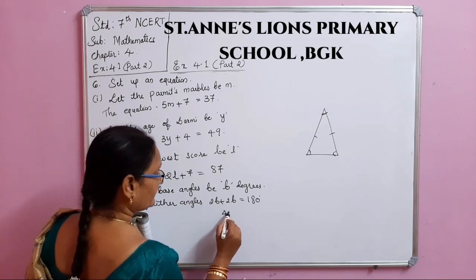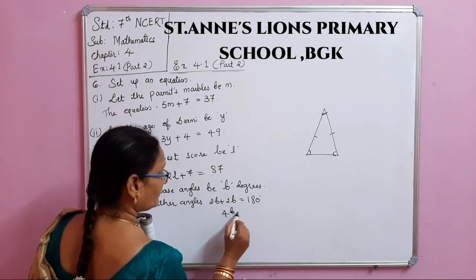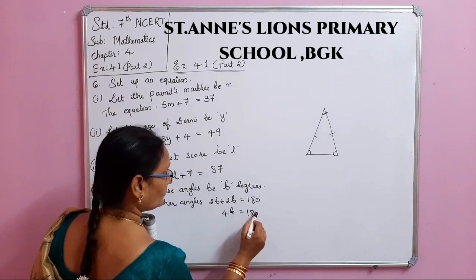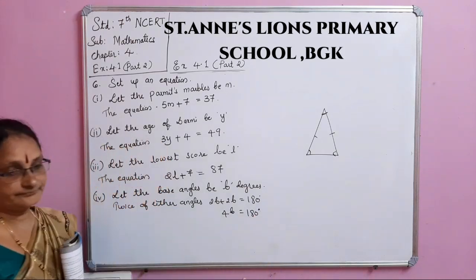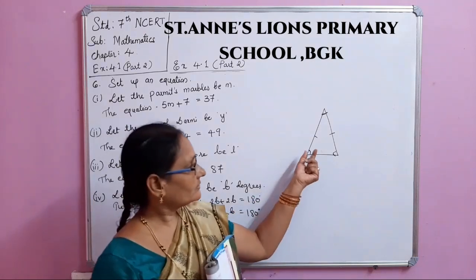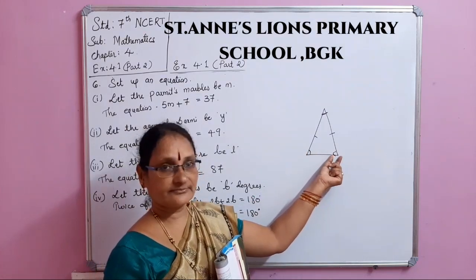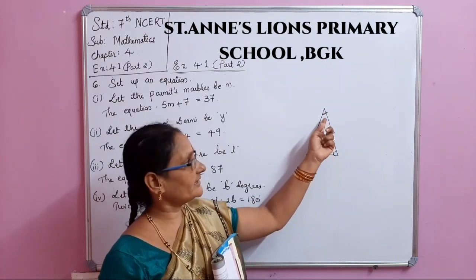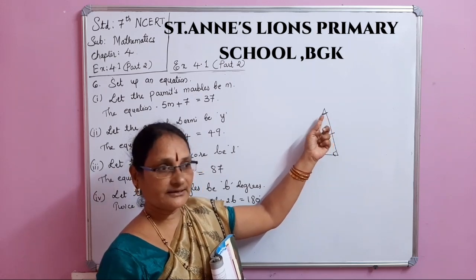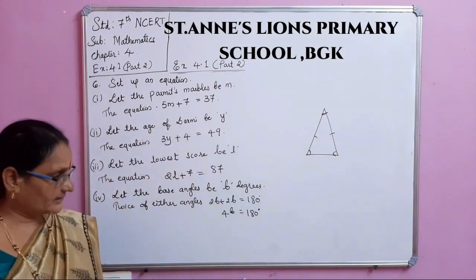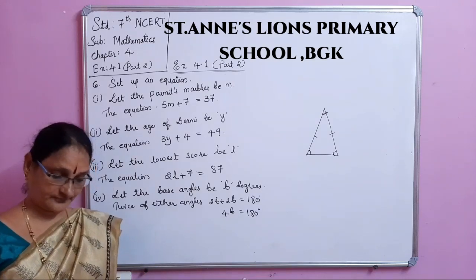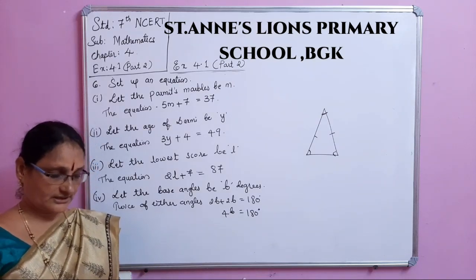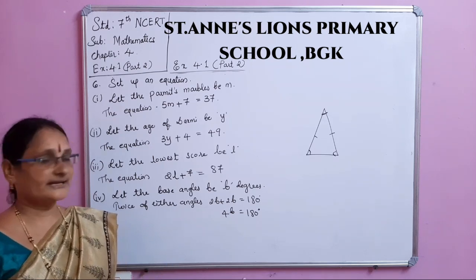That means 4B equal to 180 degrees. Both together, the vertex angle is twice, so 4B equal to 180 degrees. Okay. This is the last sum of this exercise.